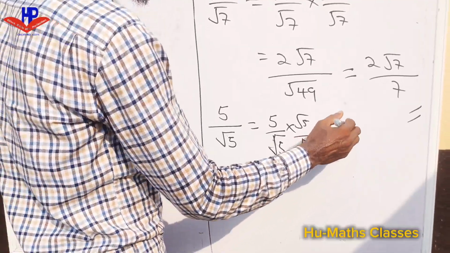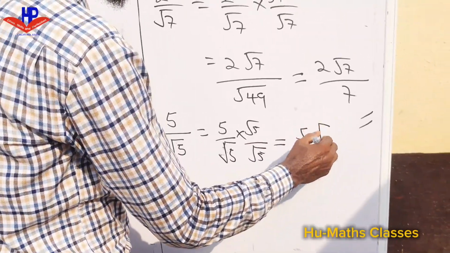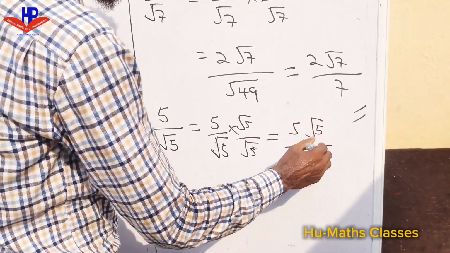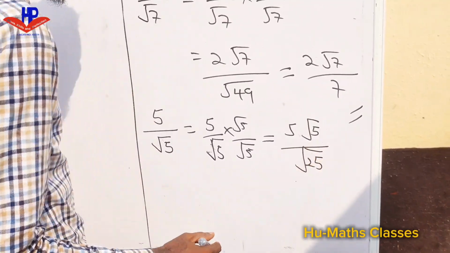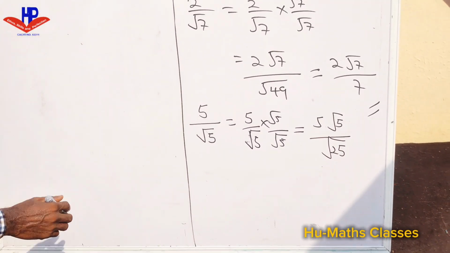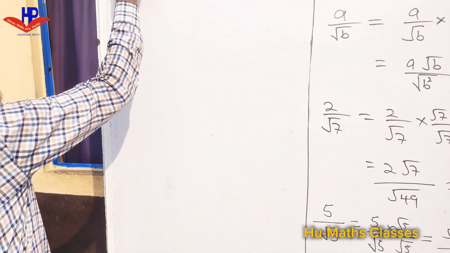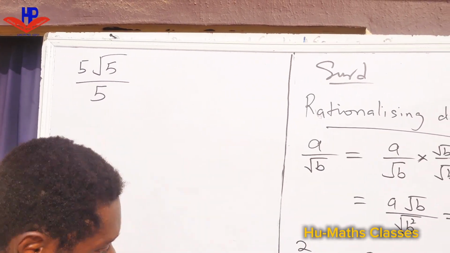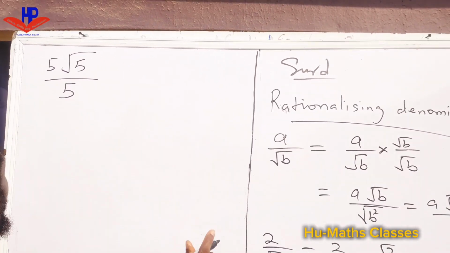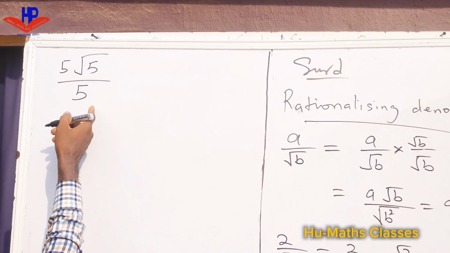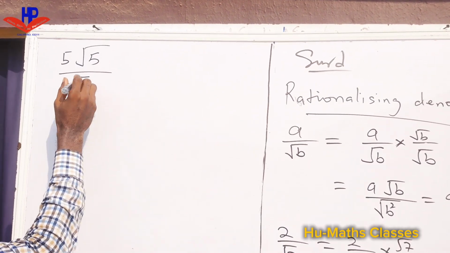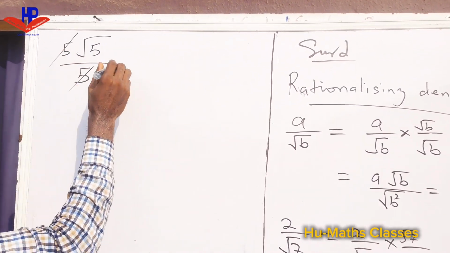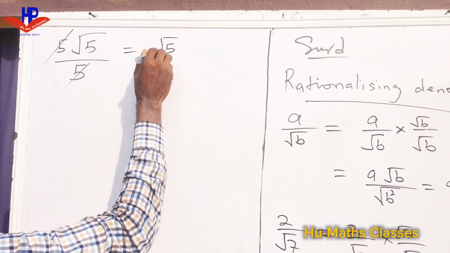This will give us 5 root 5 over root 25. And we know that root 25 is 5. So our answer will be 5 root 5 over 5, because the square root of 25 is 5. So this will be the final result, but we can reduce further because 5 can cancel 5. So our answer will be just root 5.